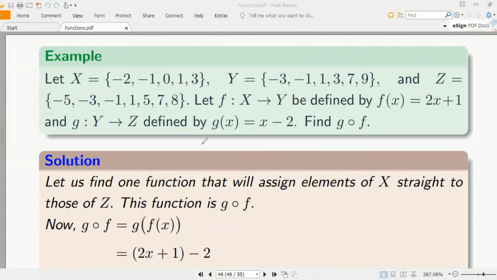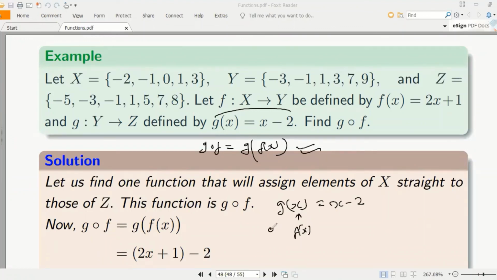By definition, I've already said that g composition f can be written as g of f of x. Remember that this is our g of x, and it equals x minus something. So what this definition means is that wherever there is x here, instead of x, write f of x. If you understand it that way, then it becomes great. Instead of x, write f of x.